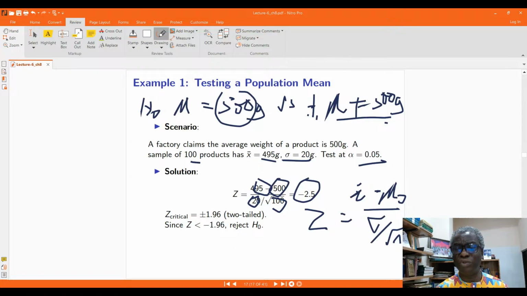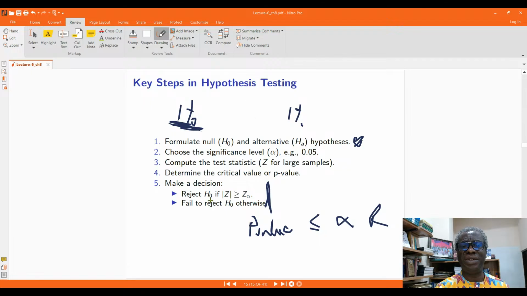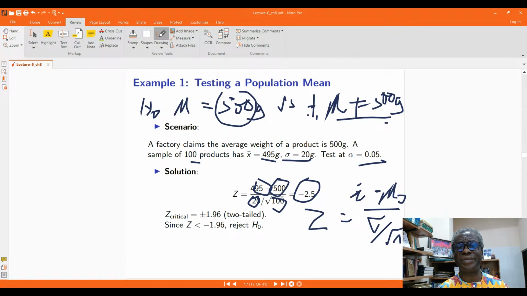So if you go back to the expression given here, we can simply look at the absolute value of the critical value, which is 1.96.